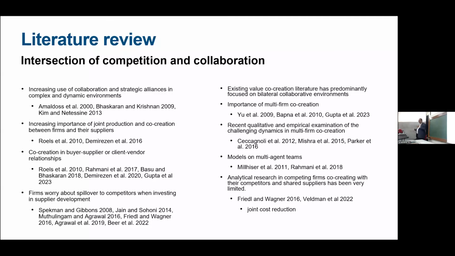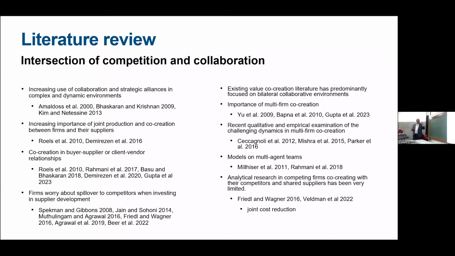The other one is, yes, we are going to work together and see where the collaboration should happen. Multiple buyers, one supplier. The focus there has been how can we jointly reduce the cost? Not so much about whether we should collaborate given the spillover is happening. We will collaborate.